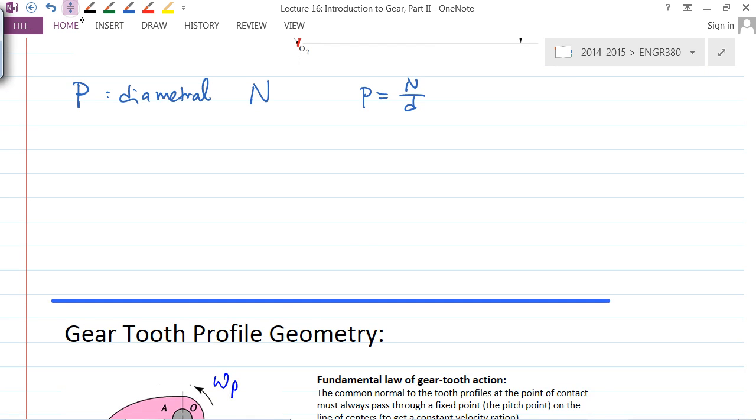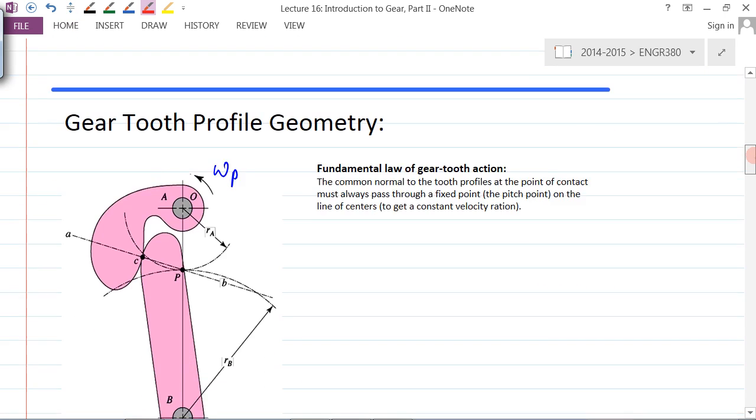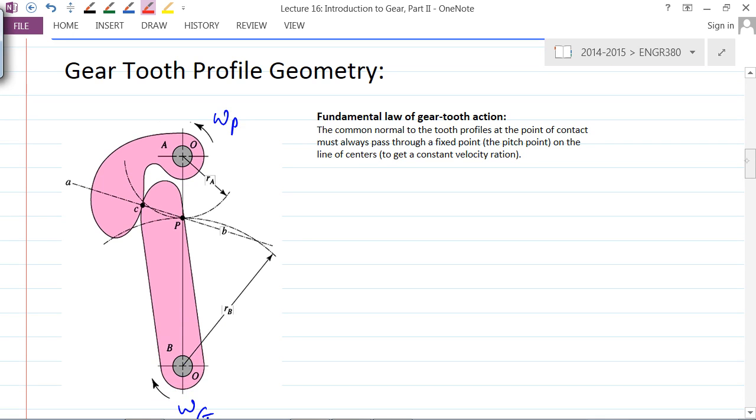So let's move on. Now let's look at some details. This probably should come first regarding the gear tooth profile. But anyway, for people who learned kinematics, you learned one particular mechanical component called a cam, right? Let's say you have two things fixed at two points, and you want to make the two things contact each other and drive each other.